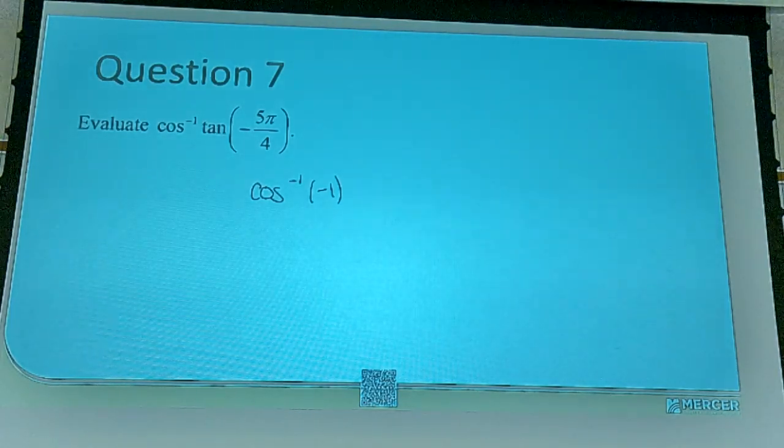On the unit circle, where is the x coordinate -1? Pi. At pi. Oh, that's in 0 to pi. Inverse cosine of -1 is pi.